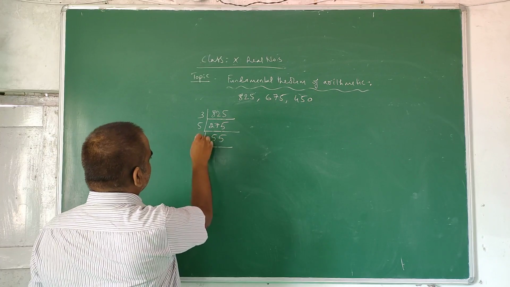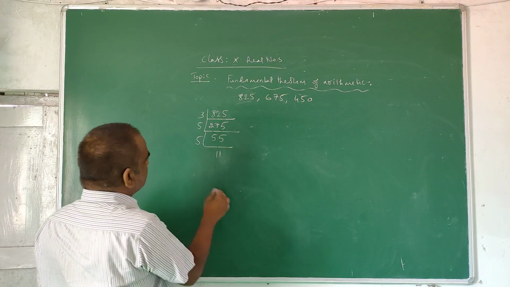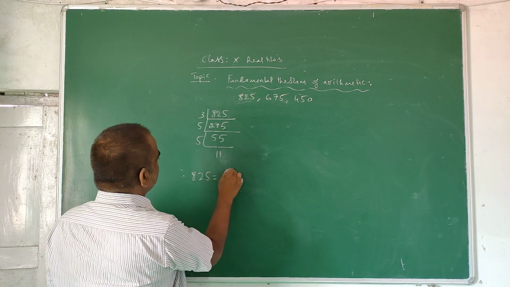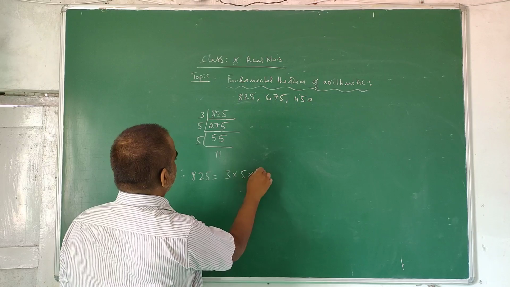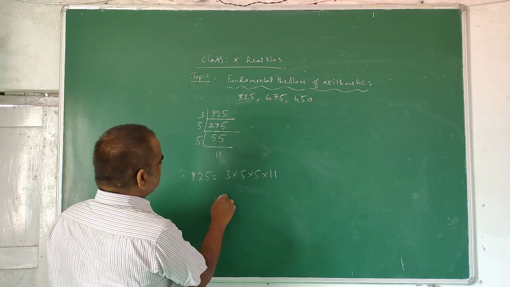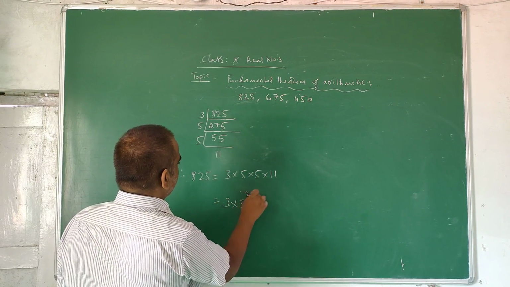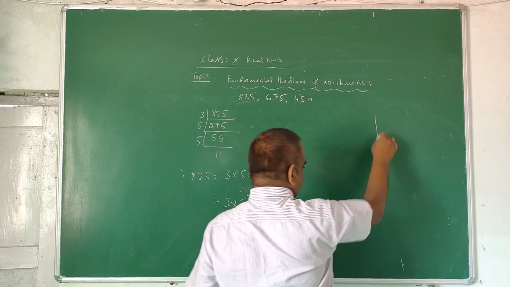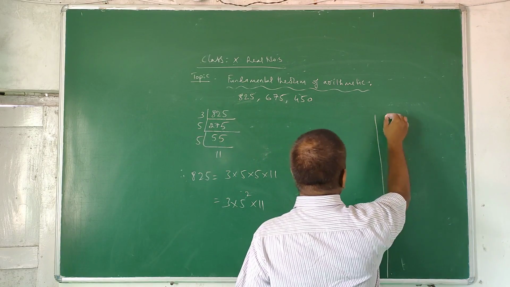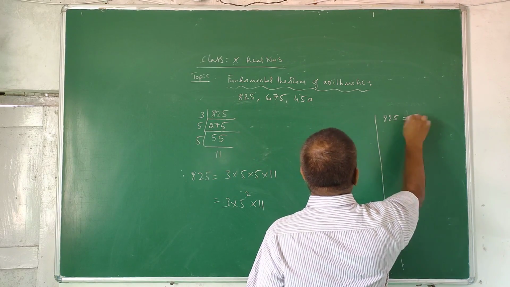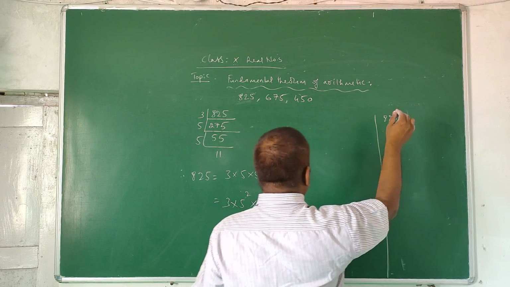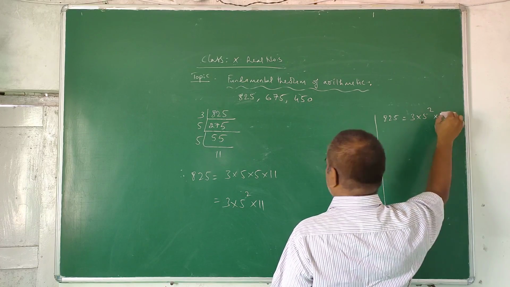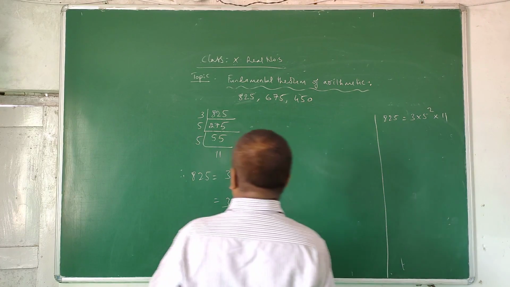Now again 5 11s are 55. So therefore 825 is the product of prime factors 3 into 5 into 5 into 11. This is 3 into 5 square into 11. So let us go to rough work. So 825 prime factorization is 3 into 5 square into 11. Now keep it aside.